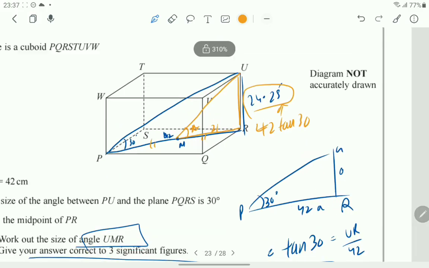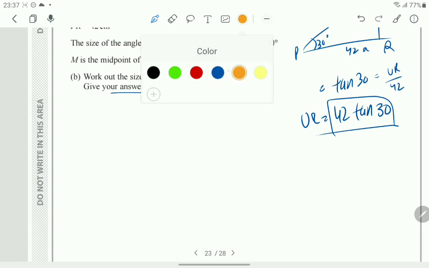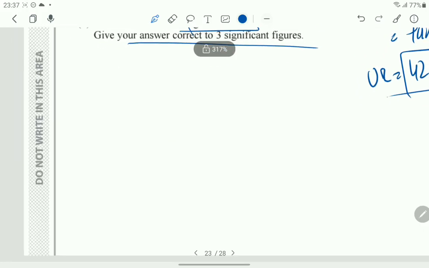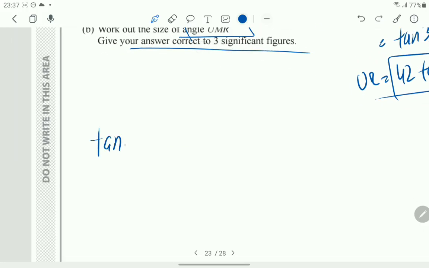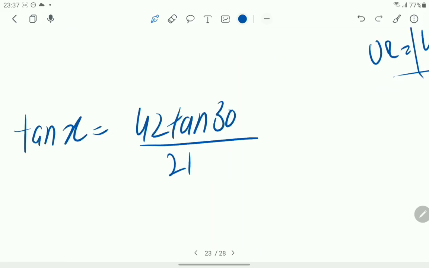Let's name it X. So solving for X, I would get tan X equals 42 tan 30 divided by 21.